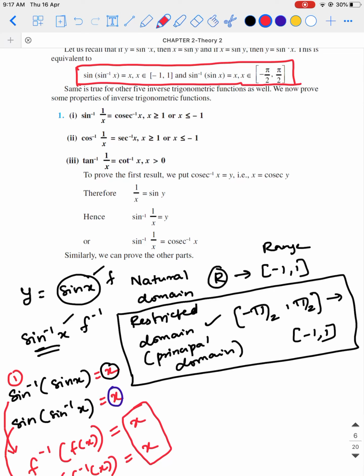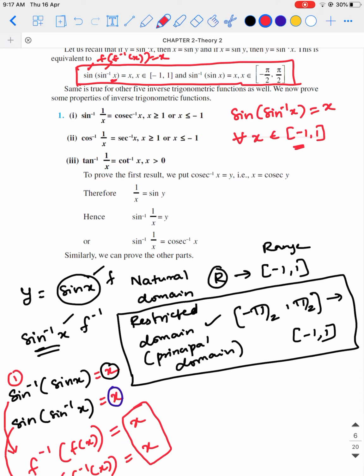When we talk about sine of sin inverse of x, that is f of f inverse of x, it is going to be x. Whenever you are taking sine of its inverse, the values of x will be between minus 1 and 1. So sine of sin inverse x is x for all x belonging to minus 1 to 1, which is its range.